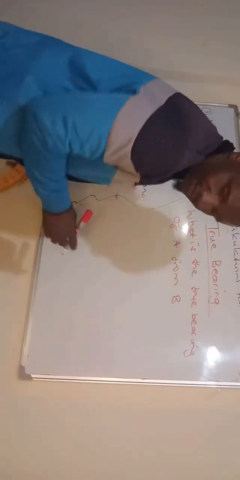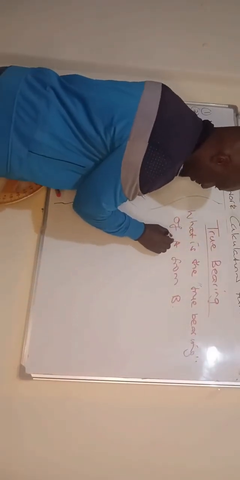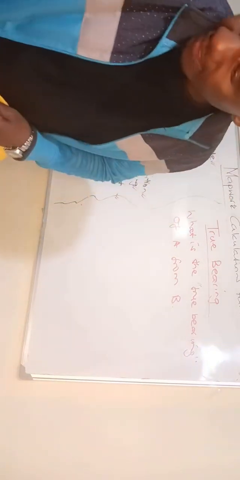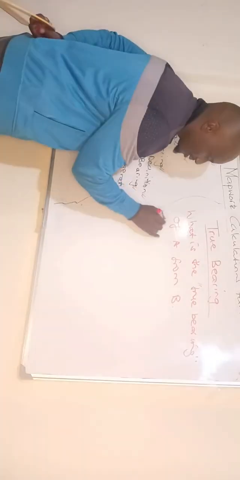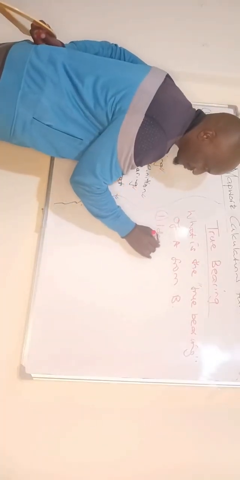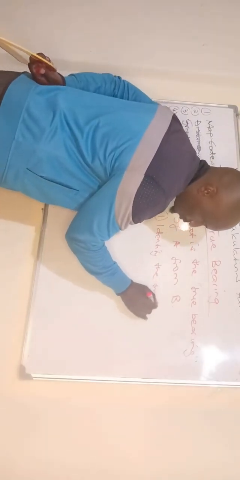So the first thing is, what is the true bearing of A from B? Which means from the information that we are given, we identify. So the first thing that we do is we identify. Step number 1: identify the 2 points.